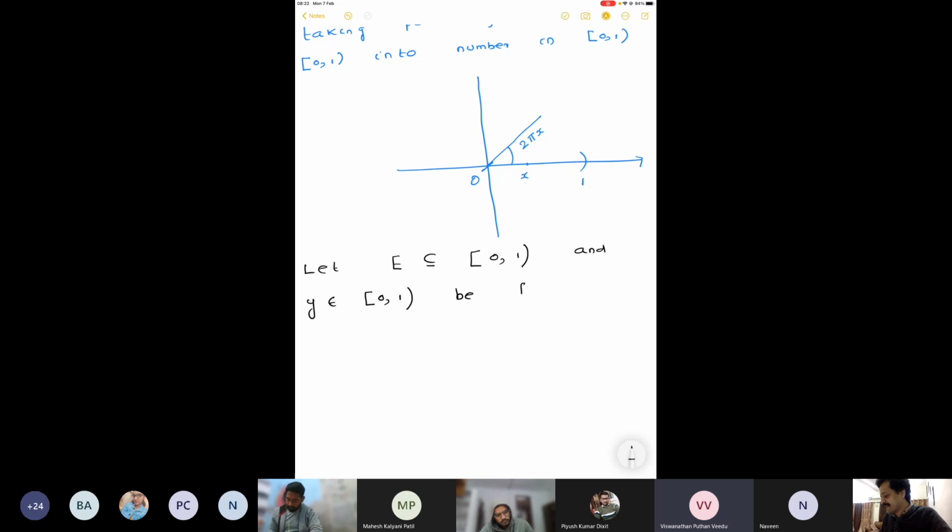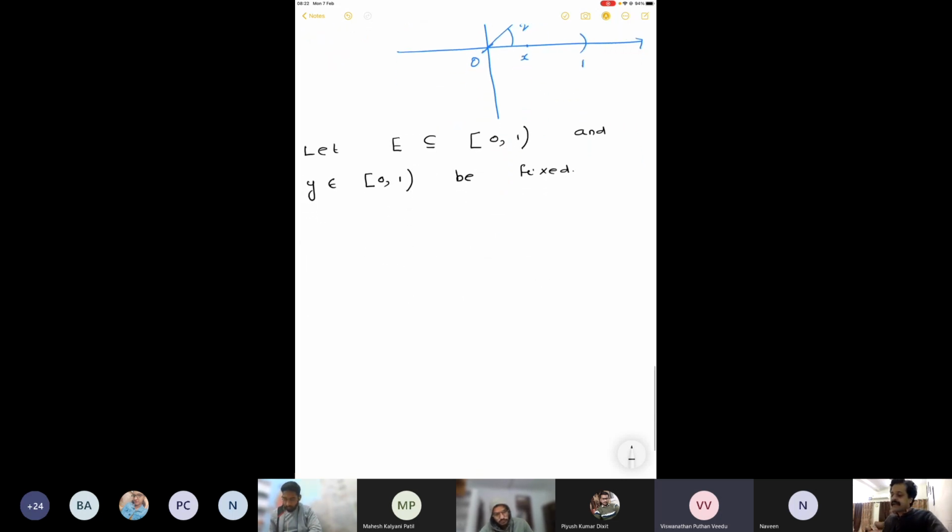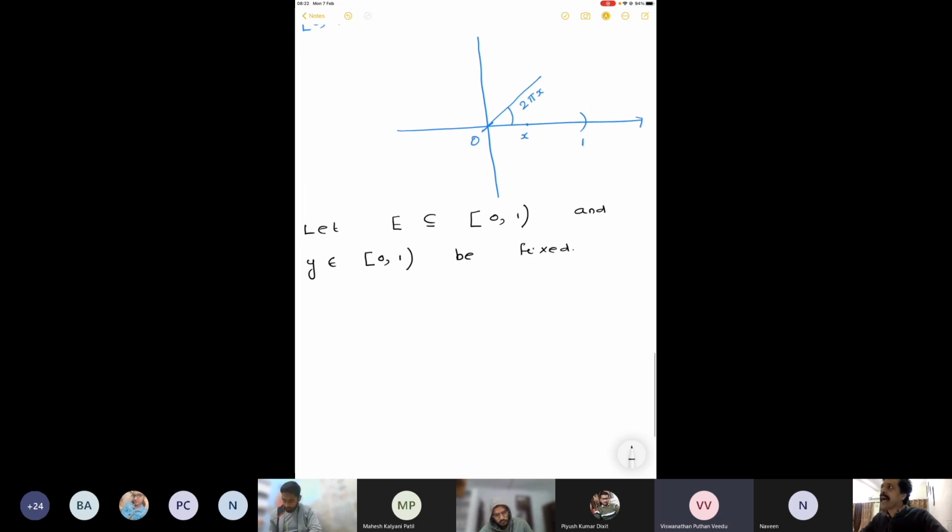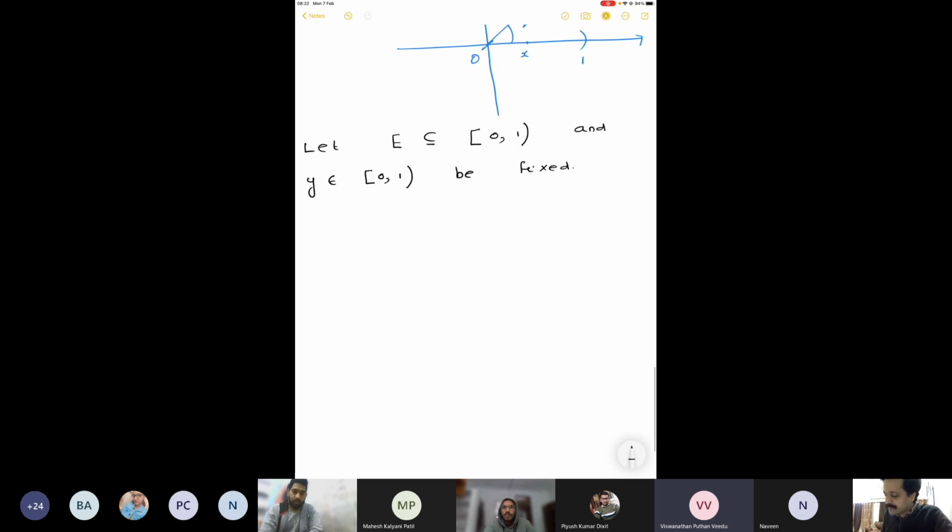Now, using the arithmetic that we have defined between 2 points, I am going to define translation of E with y. Ordinary translation you already know. E plus y, by definition, is the set of all x plus y such that x is in E.